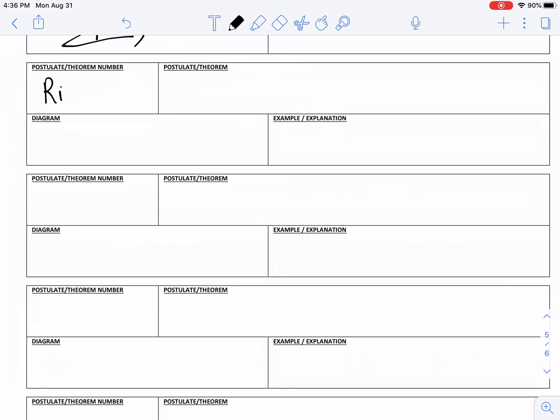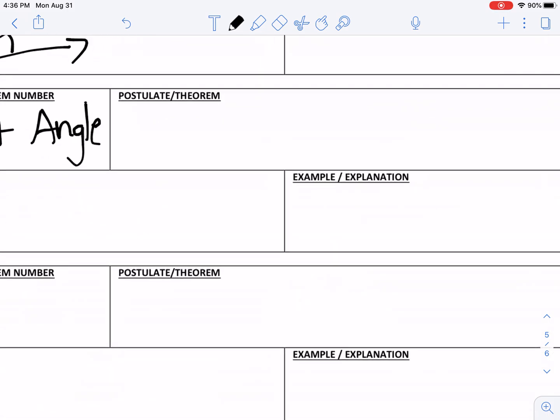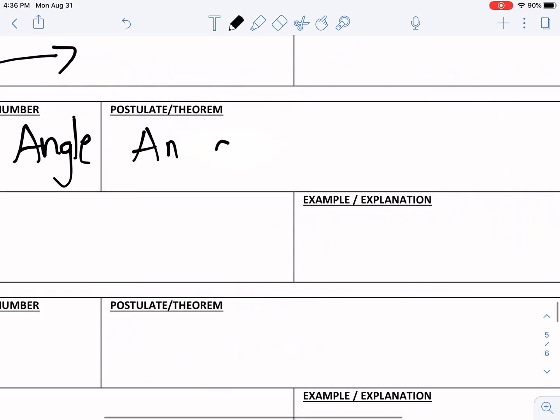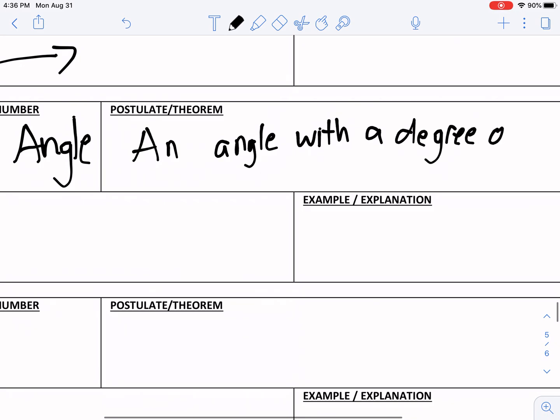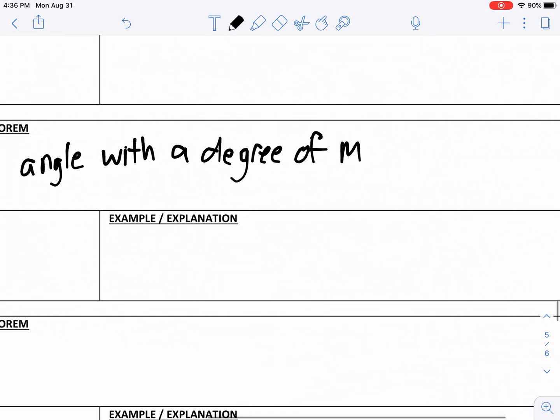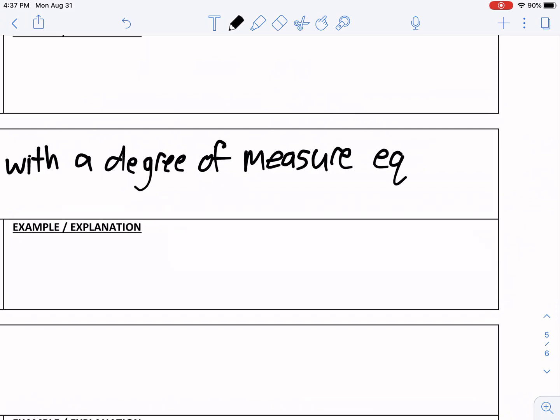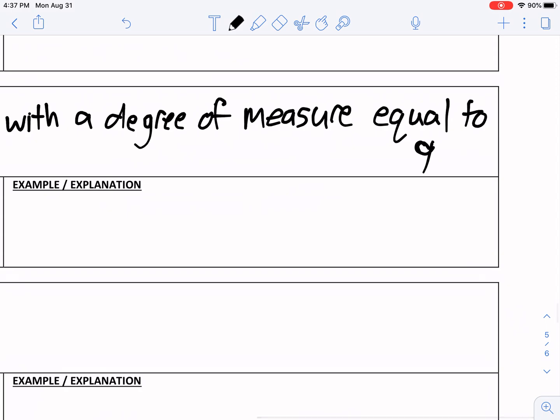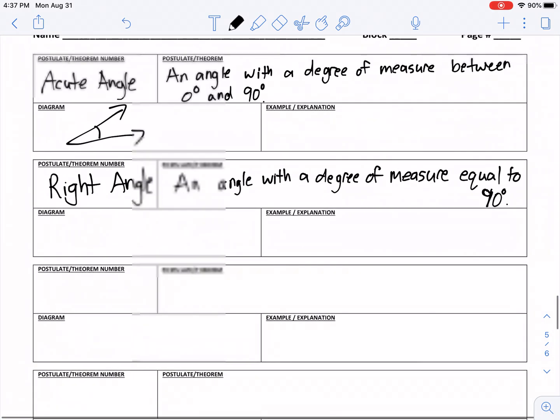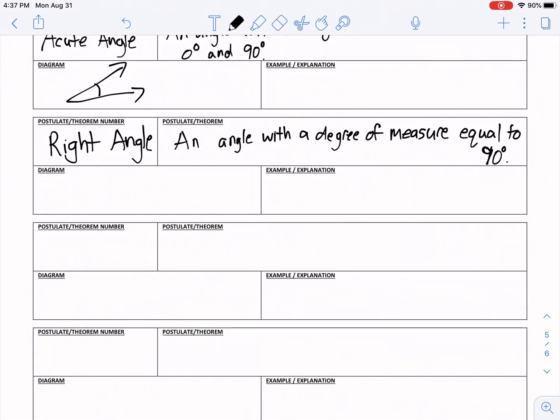So we have right angle, and that's an angle with a degree of measure equal to 90 degrees. Whoops, there we go. Okay, so what separates this from an acute angle? A right angle is measured exactly at 90 degrees.